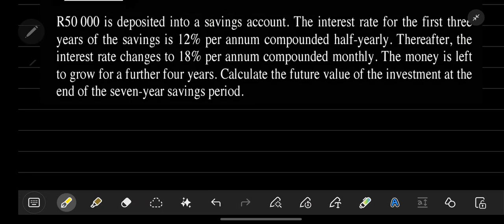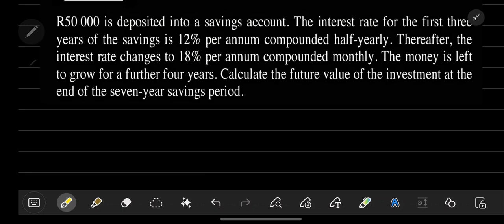So now, because there is more than one, you get confused. I have an example here with me that will help us to analyze this. The problem is that from grade 10, you always had the one interest rate. Okay, and now in grade 11, you have more than two.